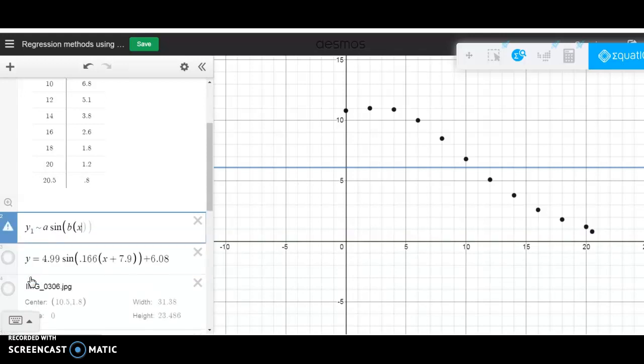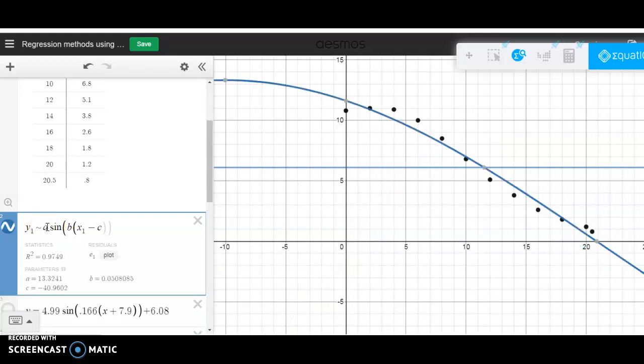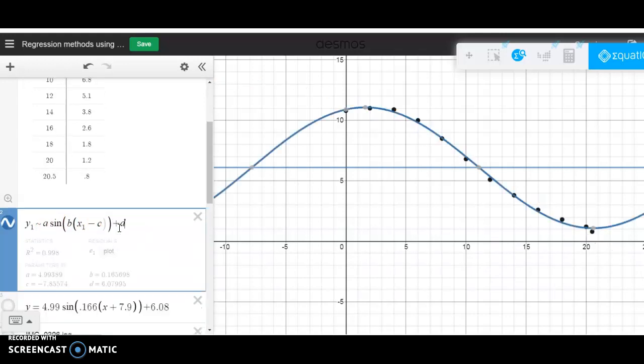I don't want to just put x in there because our data is x1, y1, so I'm going to put x1, and notice it's actually already started to create an equation based on the parameters A and B. So I'm going to also add a C in there, and then even add a plus D at the end. And that actually is not a bad fit. So there's a nice sine equation that fits our data.